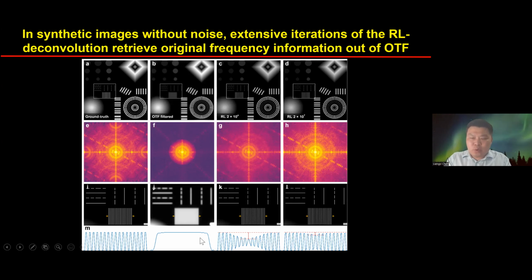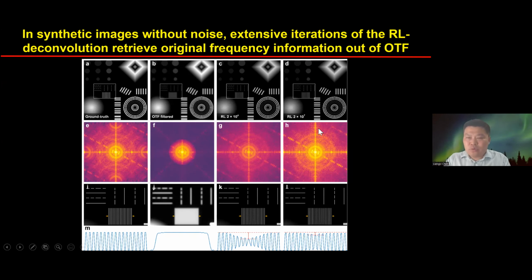However, there's one critical thing I need to mention: because this is a simulation, it has no noise. We only trim off the high frequency information, and we can just throw it into MATLAB to do RL deconvolution for 20,000 iterations. You will see the high frequency information coming back. You can see the periodic oscillating traces all coming back, although their amplitudes are still not the same.